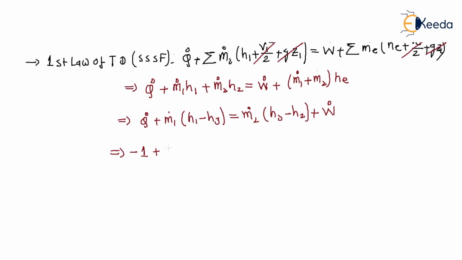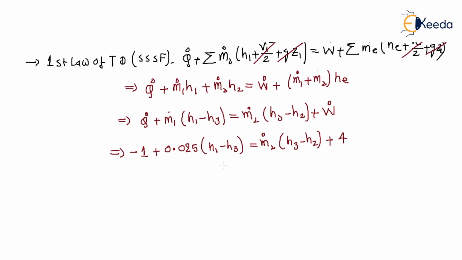Put the value of Q dot, which is minus 1, plus 0.025 times (H1 minus H3), plus M2 dot times (H2 minus H3), equals the given 4 kilowatt.